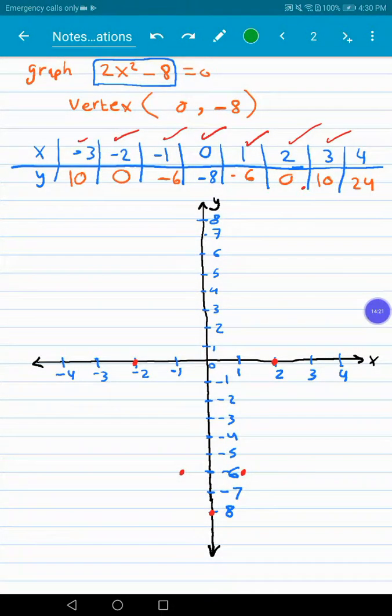Now let's make the graph starting from the vertex, passing through the points that we just made.